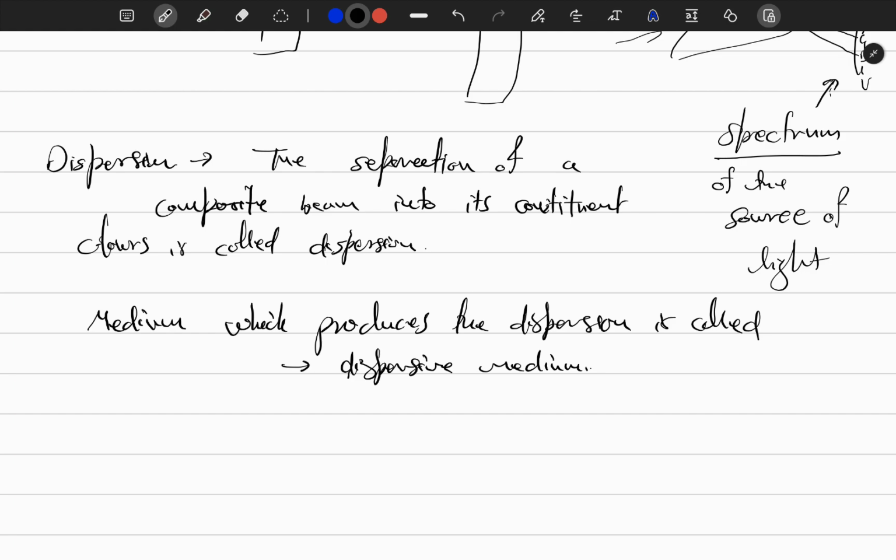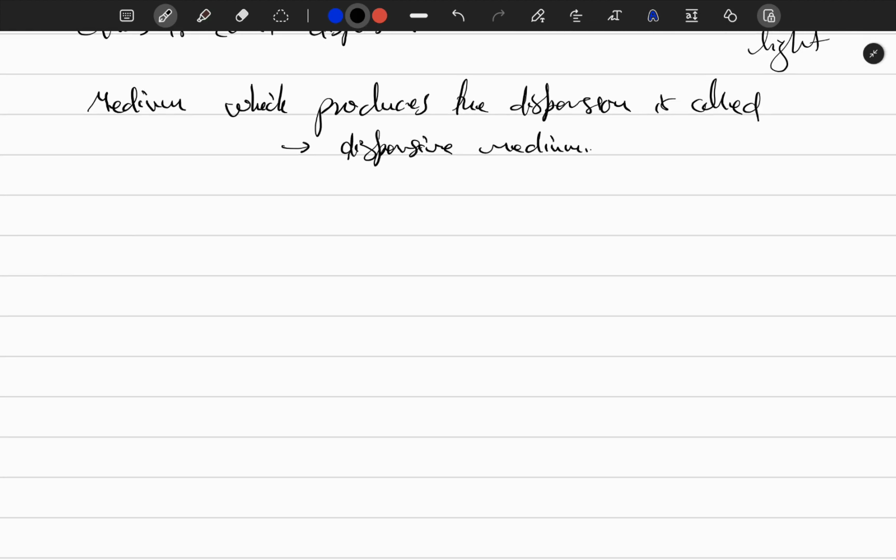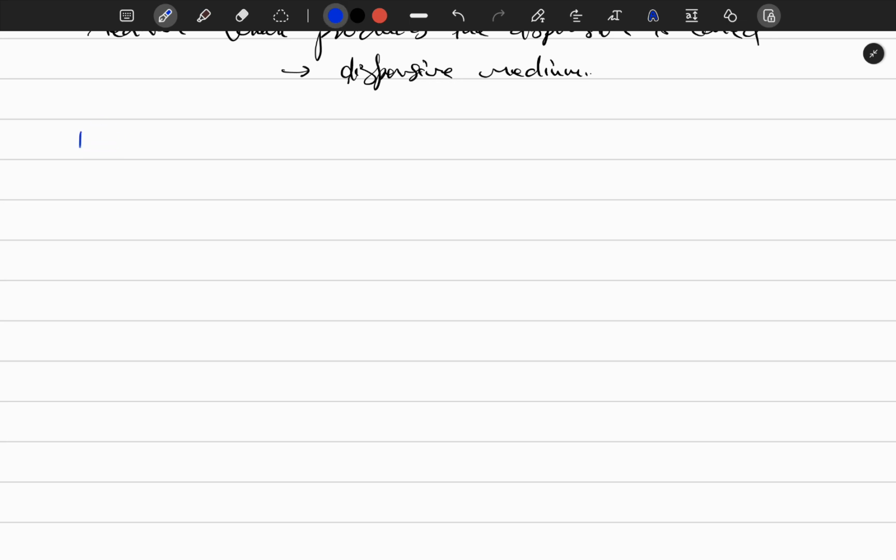Okay, and now in last we discuss the dual nature of light. The dual nature of light. Okay, so on the one hand, light appears to be continuous electromagnetic wave.